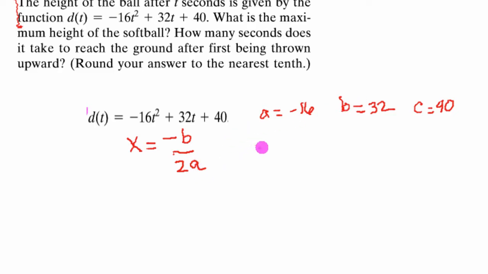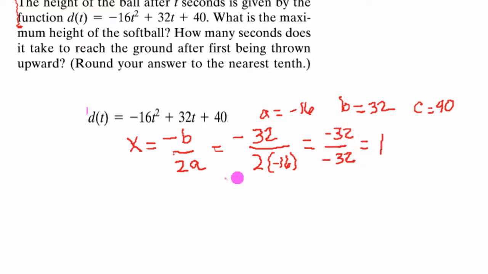We're going to write the opposite of 32, because that's our B, over 2 times A, and A is negative 16. So now we have negative 32 over negative 32, and negative 32 divided by negative 32, as you know, is positive 1. So you have just found the x-coordinate of the vertex, the highest point of the parabola.